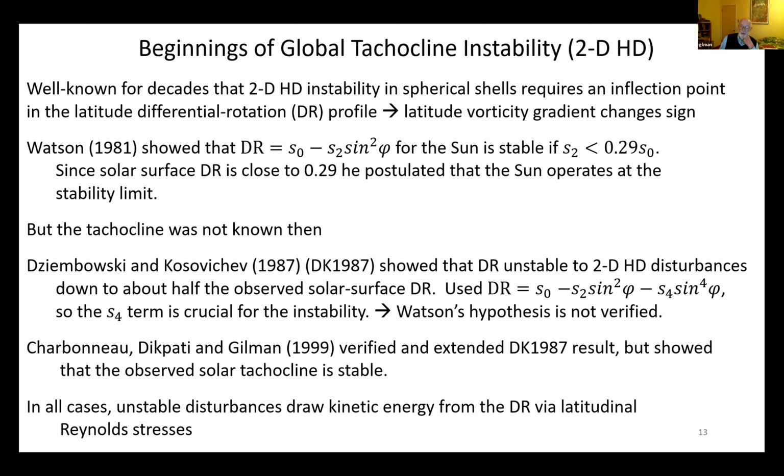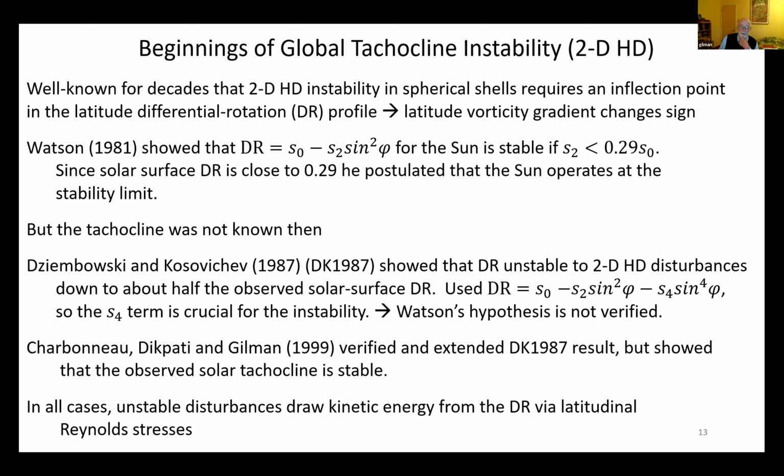At that time, the tachocline was not known. Now, Zimbowski and Kozavichev looked at this again and took a profile that had the sine fourth term in it. And that turns out to be crucial for instability at smaller differential rotations because the inflection point changes. So Watson's hypothesis for why the sun's differential rotation is limited the way it is is not valid.